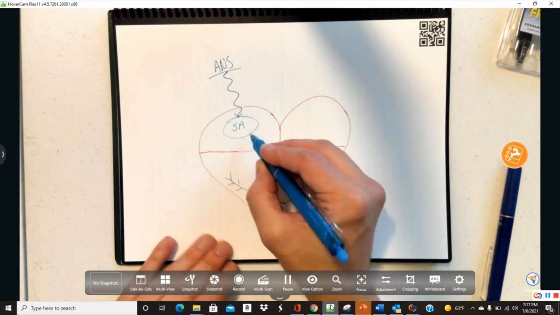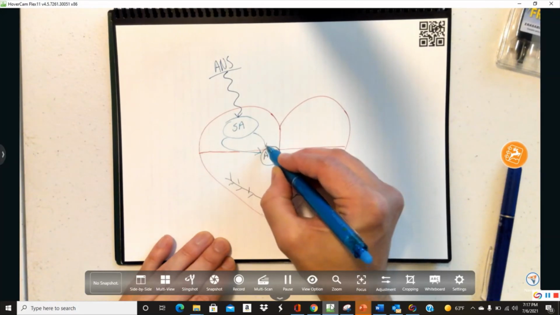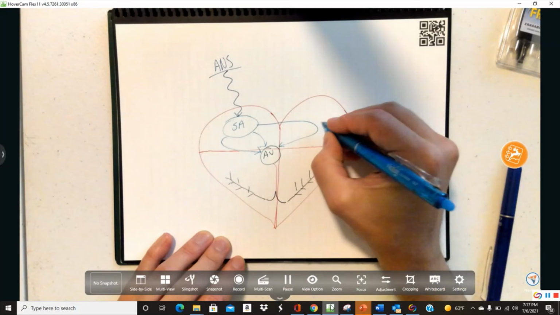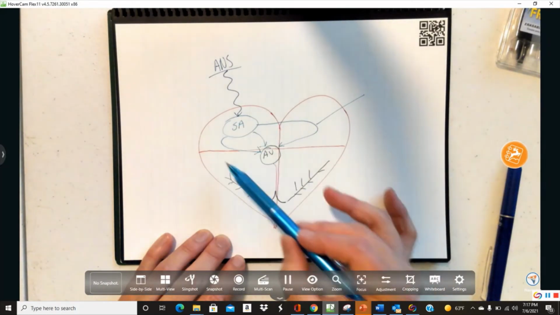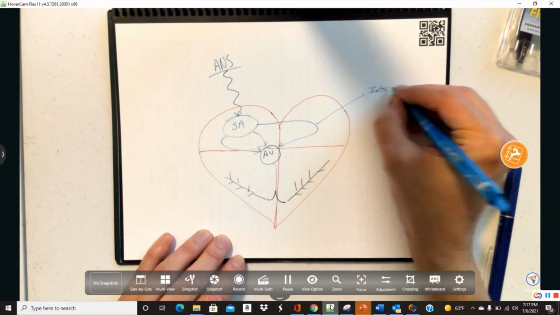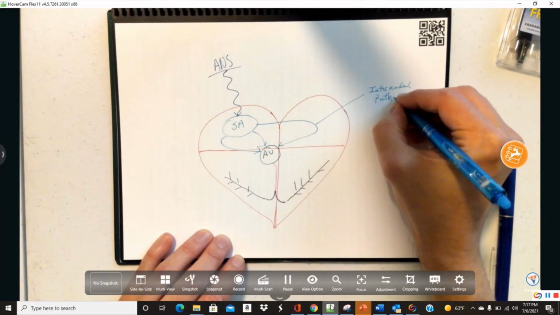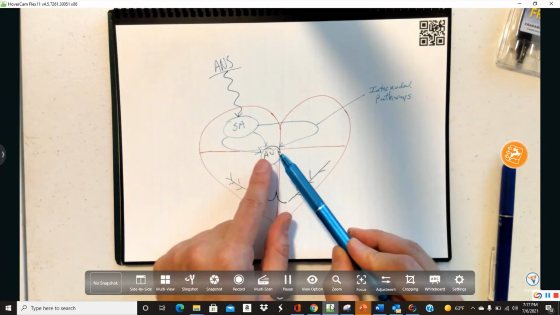One of the really cool things it does is it sends signals to the AV node. As it does this, it uses a bunch of little pathways that travel from the SA node to the AV node called the internodal pathways. As they travel, they converge on the AV node.